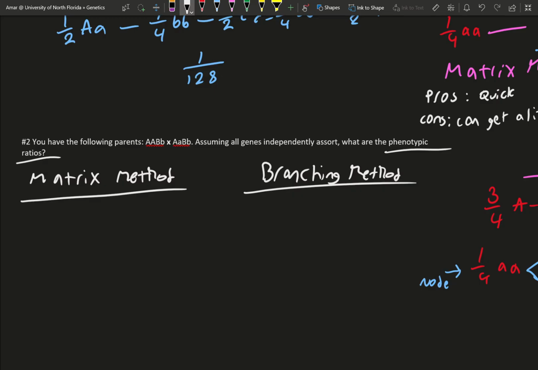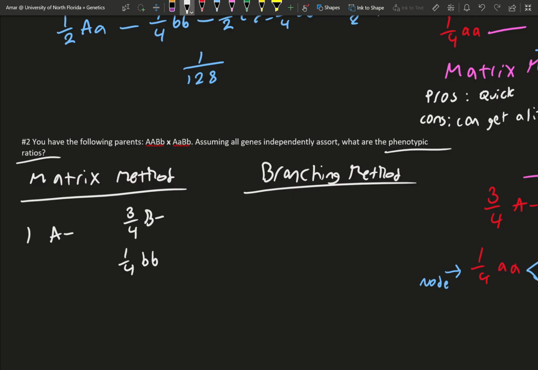So big A crossed with a big A, little a. For the phenotype, it'll be 100% big A whatever. And then the question is telling you for big B, little b with big B, little b, the phenotype proportion will be 3/4 of them big B whatever, and then 1/4 will be little b.